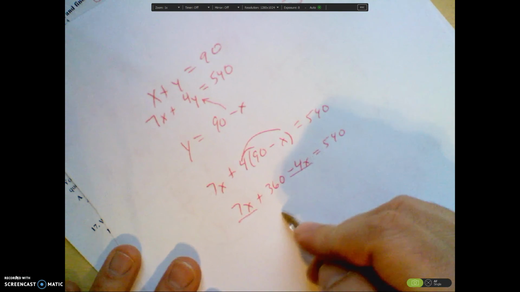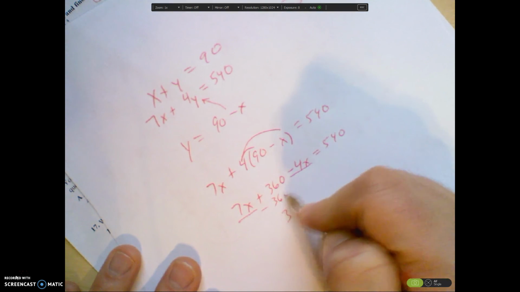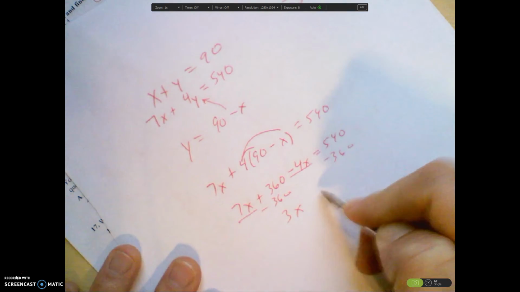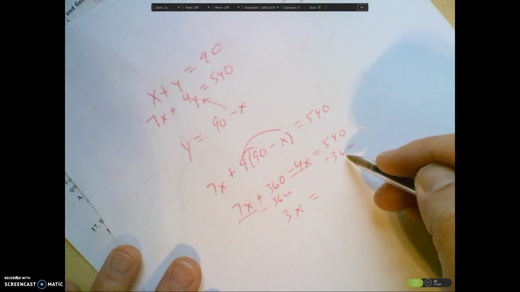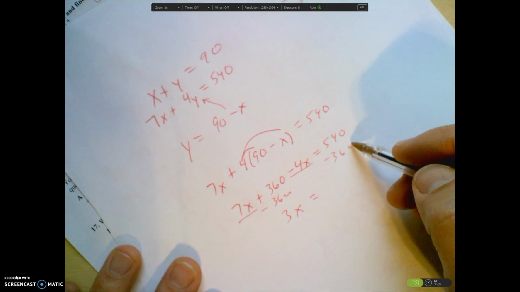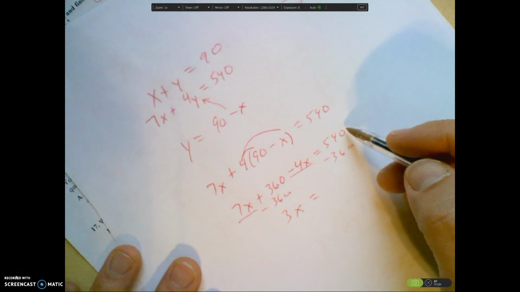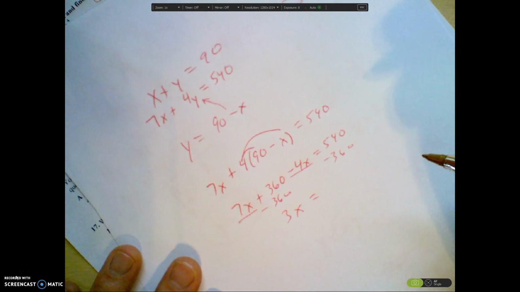7x minus 4x is 3x. And I'm going to subtract 360 here. Let's see here. 360, so I got to get 40 to get to 400, another 100 to get to 500, another 40, so what's that? 180.